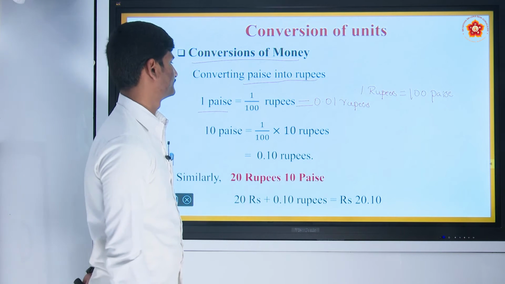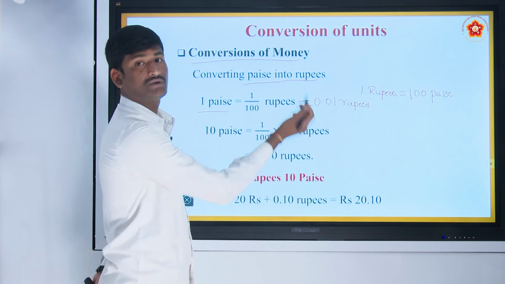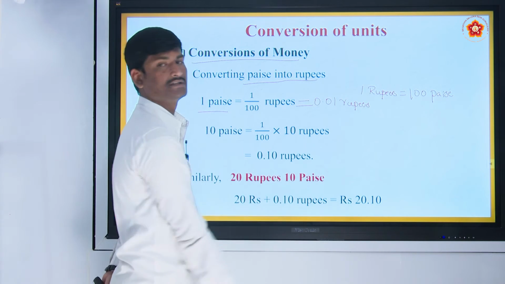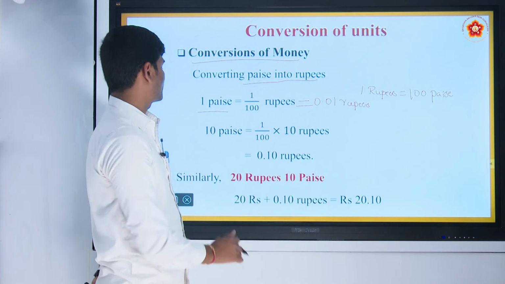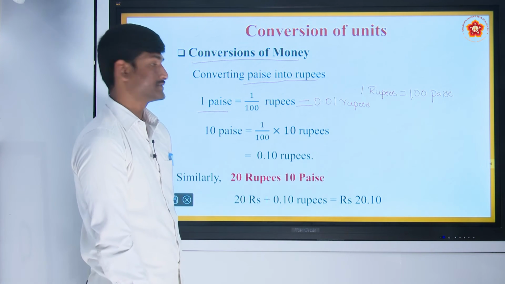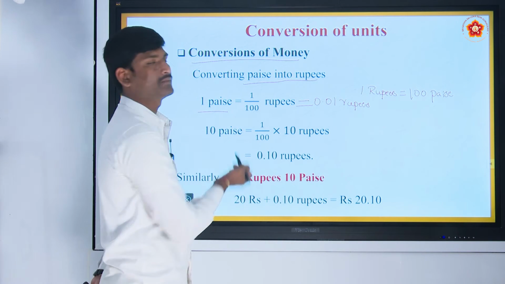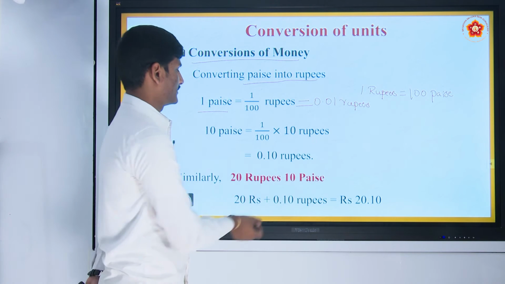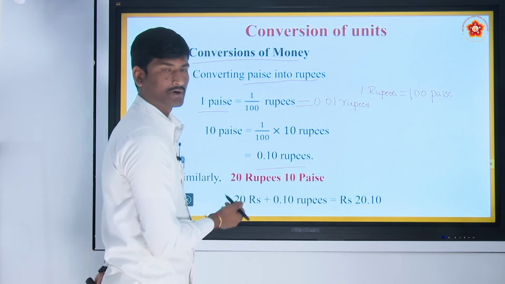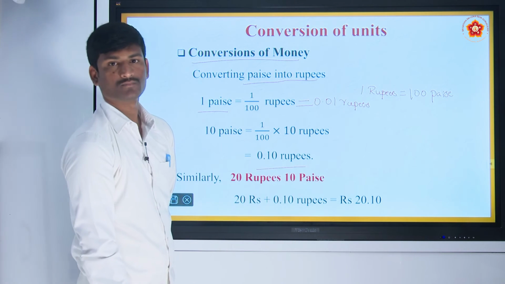In decimal form, we convert the fraction to decimal, 0.01 rupees. Therefore, 10 paise is equal to how much? 10 paise is equal to 10 divided by 100. Then in decimal notation, 0.10 rupees.